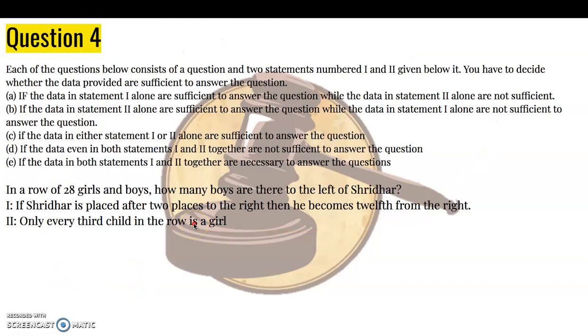Then it is obviously possible to calculate how many boys are there to the left of Sridhar, because we know that every third child is a girl and we know how many people will be sitting on his left and how many of them will be girls. So no need to delve into calculation. Just by reading this we know that both these statements are obviously required to answer our question. So here our answer will become E.